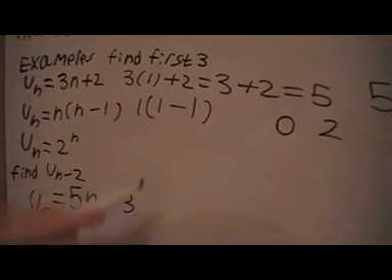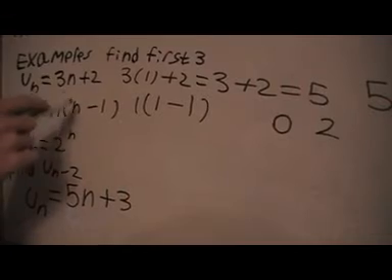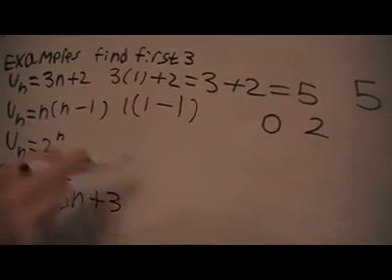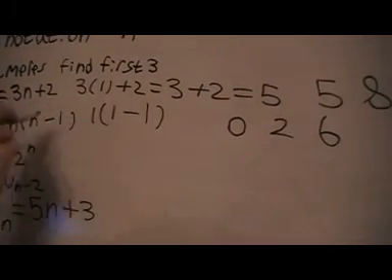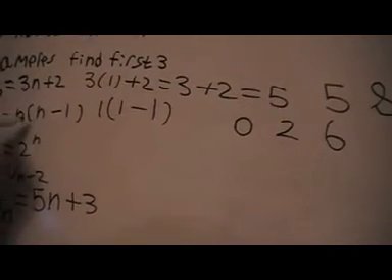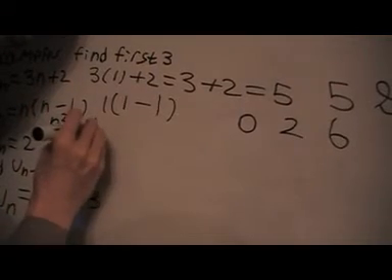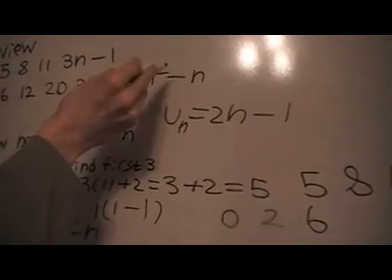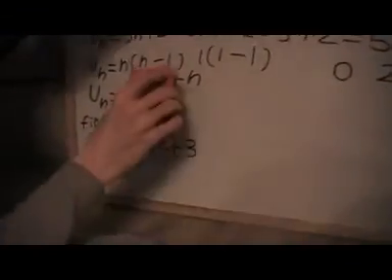Now if we substitute 3 in, this would be 3 times 3 minus 1, which would be 3 times 2, which would be 6. And notice that if you expand these brackets here, you actually get n squared minus n, which is the same nth term as we've got up here. So it'll produce the exact same sequence.